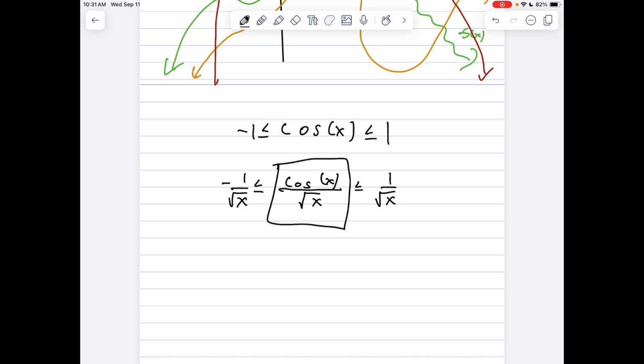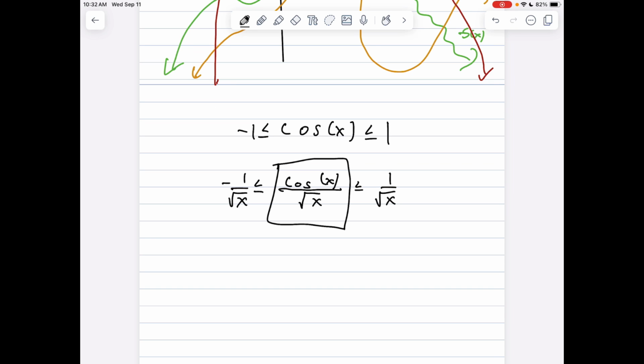Whatever limit you're taking, you want that function in the middle. So I want to have cosine x over root x in the middle of the inequality somehow. And that's what we did.